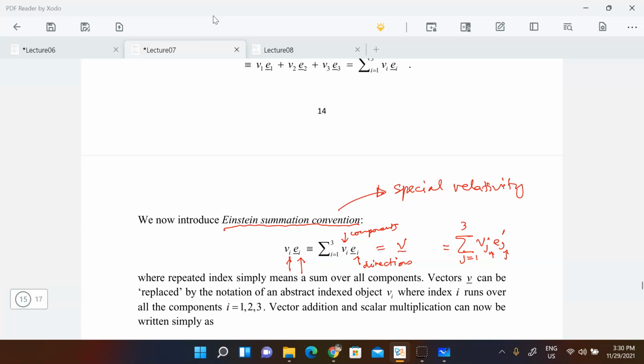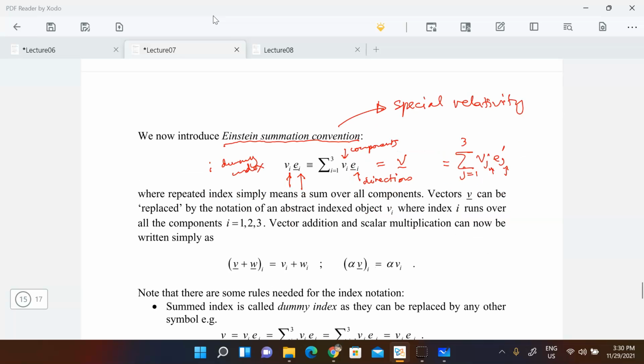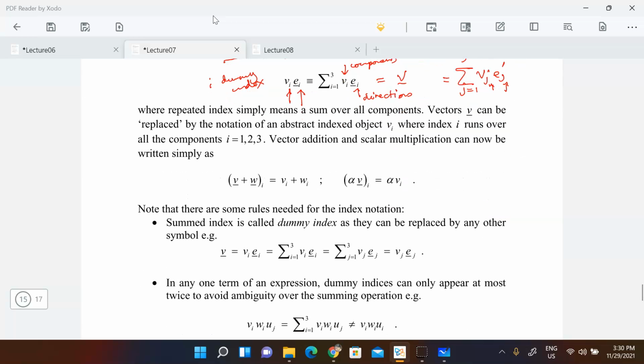When I see these two same indices, i and i here, it means I'm going to sum over i. And this i is called a dummy index. Why? Because I can replace this dummy index by any other index. It means the same thing. vjej is the same thing as viei. It sounds complicated, but you'll see why this is going to be useful.